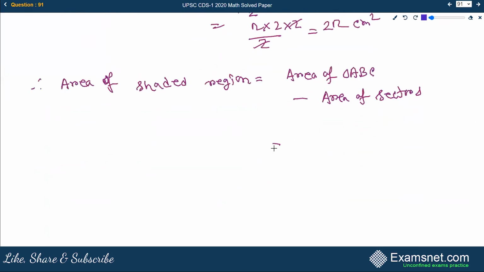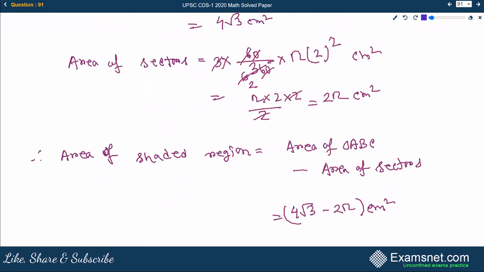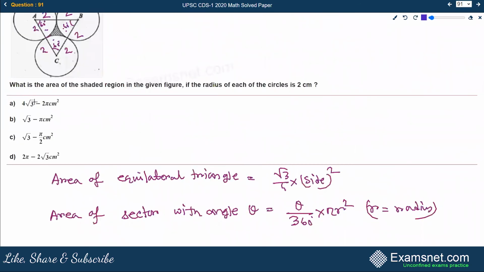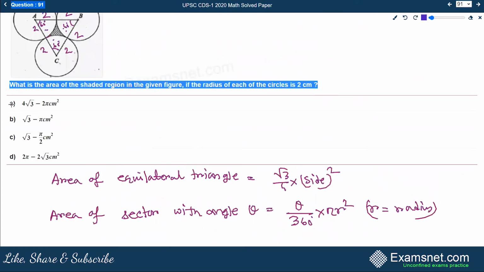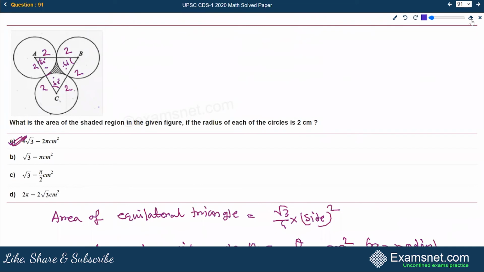So here we will get 4 root 3 minus 2π centimeter square, because area of triangle is 4 root 3 centimeter square and area of sector is 2π. So 4 root 3 minus 2π centimeter square. Here option A is the correct answer.